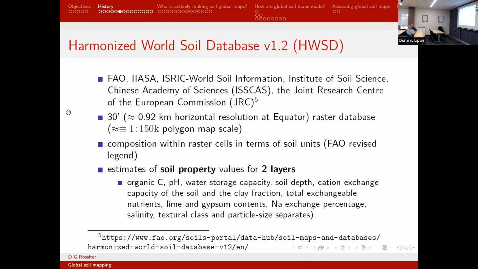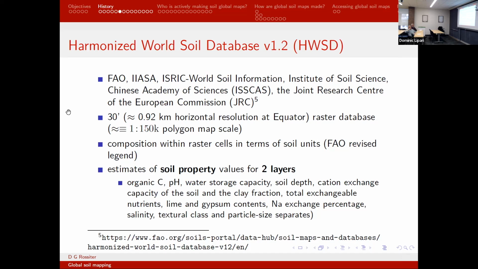This was between FAO and IIASA, which is the International Institute for Applied Systems Analysis in Vienna, and with the place I work in the Netherlands now, ISRIC, World Soil Information, Chinese Academy of Sciences, and JRC. And this now is about equivalent more or less to 1 to 50,000 scale. It's a 30 arc-second grid.